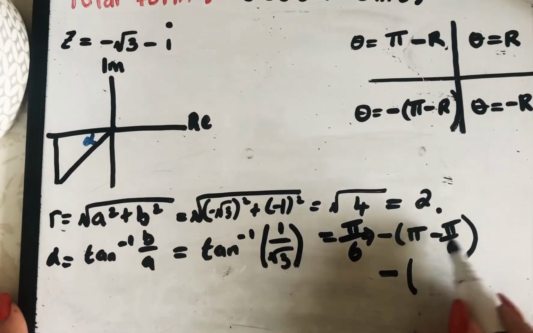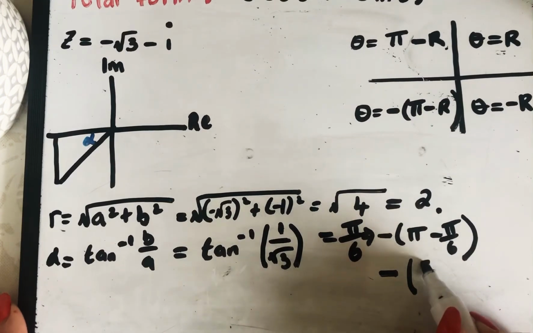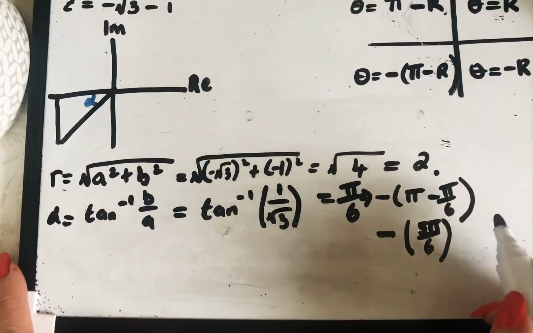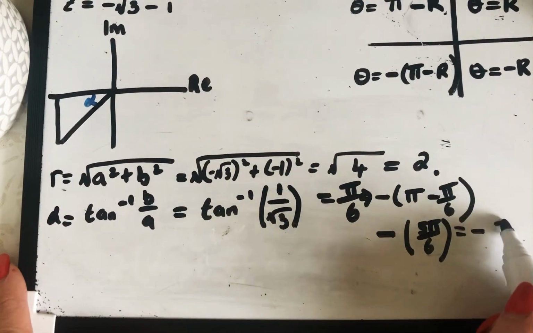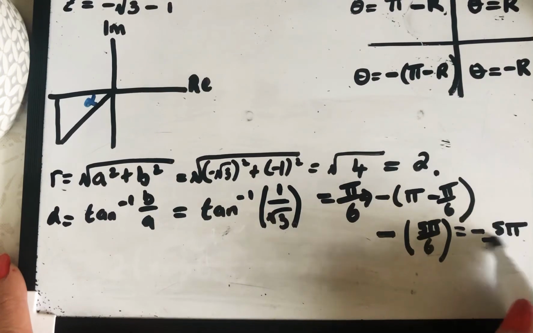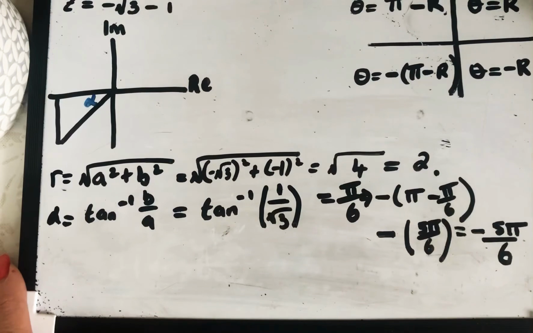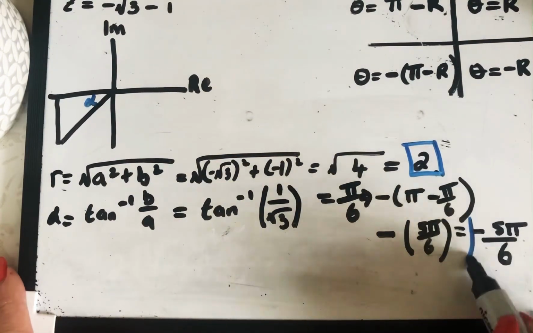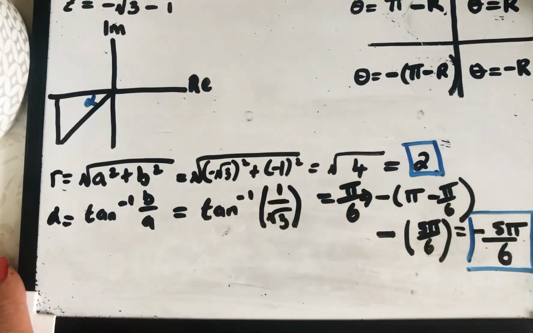Well, pi minus pi over 6 is 5 pi over 6. And then, of course, we multiply in our negative. So we have -5 pi over 6. And this is the value of our theta. So our r value is 2 for the modulus, and our theta value is -5 pi over 6.